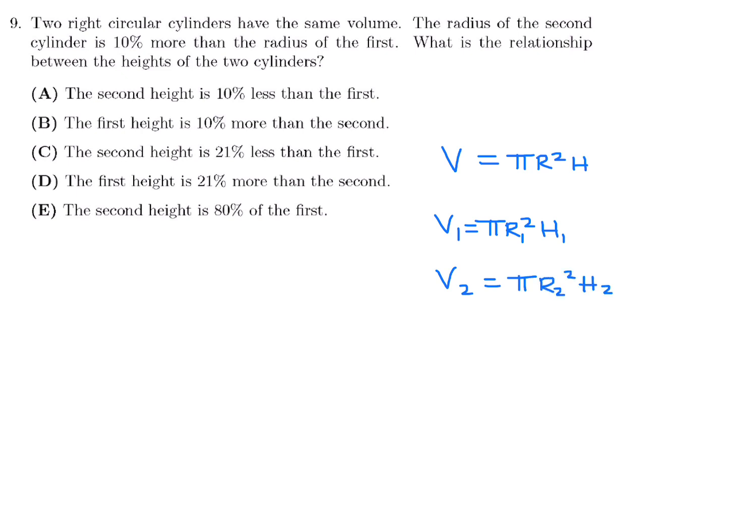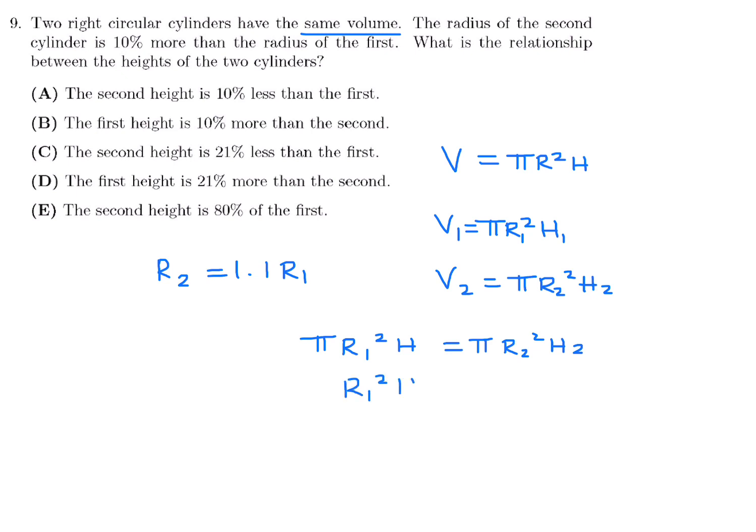But they told me that the radius of the second is, based on the information in the question, r2 equals 1.1 r1. So I can substitute that back in, and they also told me that they have the same volume, so we can equate them. Pi r1 squared h1 is equal to pi r2 squared h2. The pi's cancel.